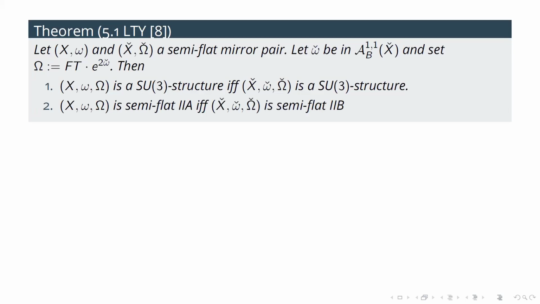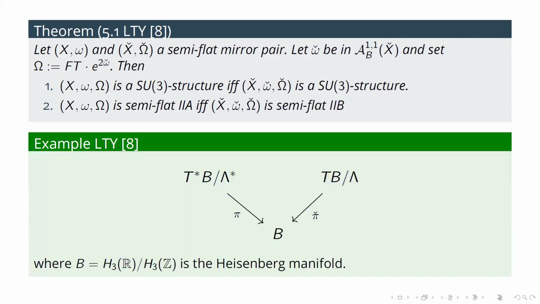Consequently, the first is semi-flat of type 2A if and only if the second is semi-flat of type 2B. Also, the fluxes correspond to each other. And the only example presented in complex dimension 3 is the tangent-cotangent bundle mod lattices of the Heisenberg manifold, which is indeed a nil manifold.